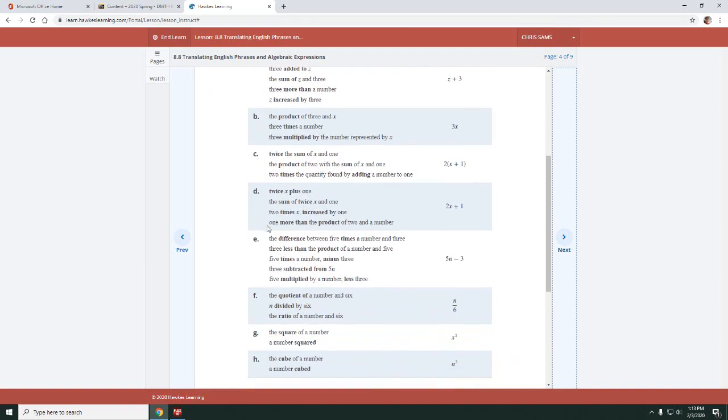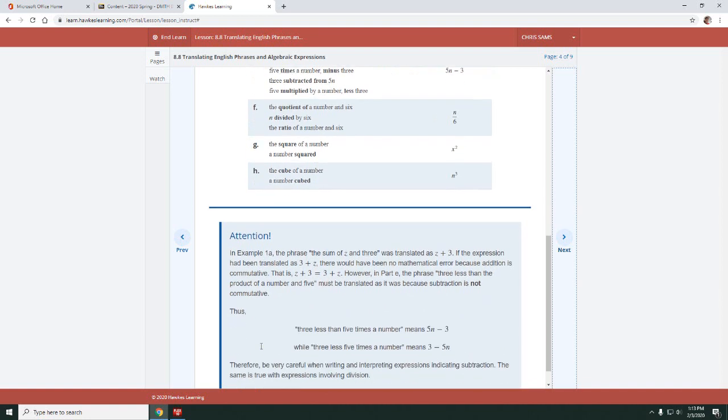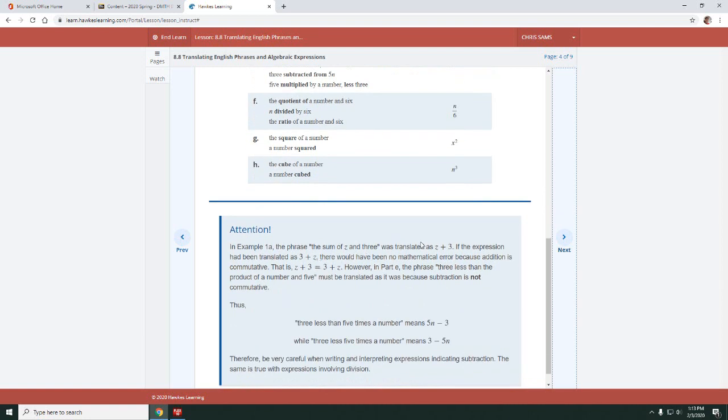So note that. And then you have some examples with difference, quotient, square, cube, etc. They make a note here for you that the phrase z and 3 was translated z plus 3, that's up above, and it says it could have also been written as 3 plus z.